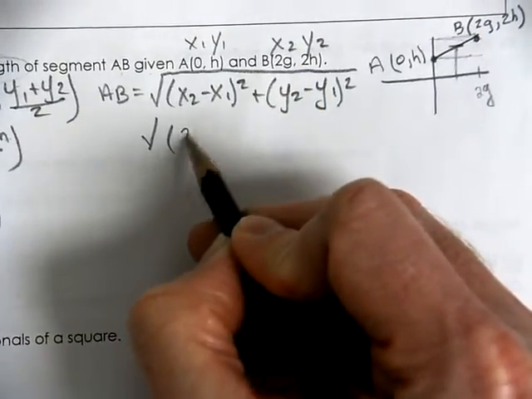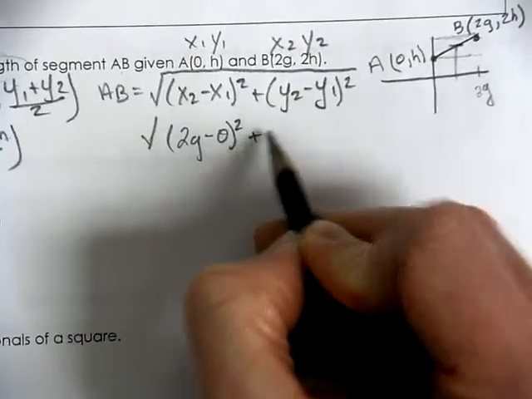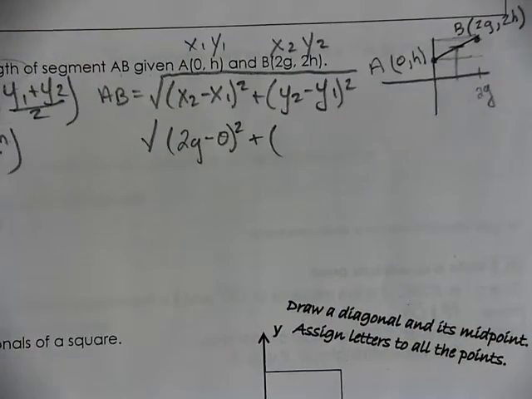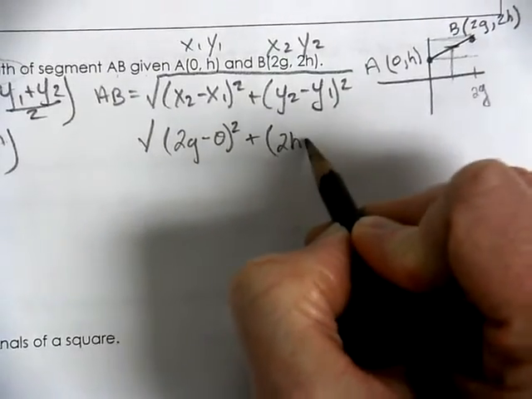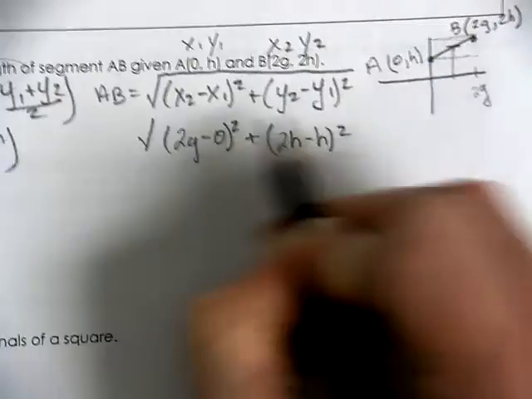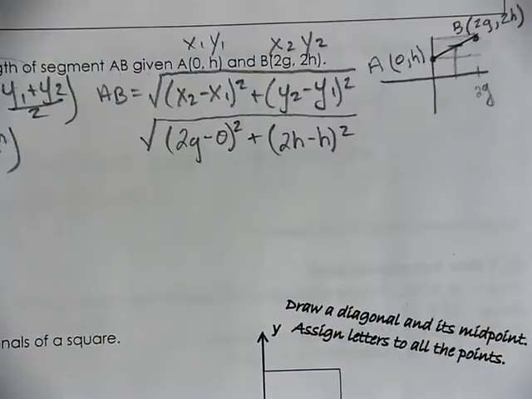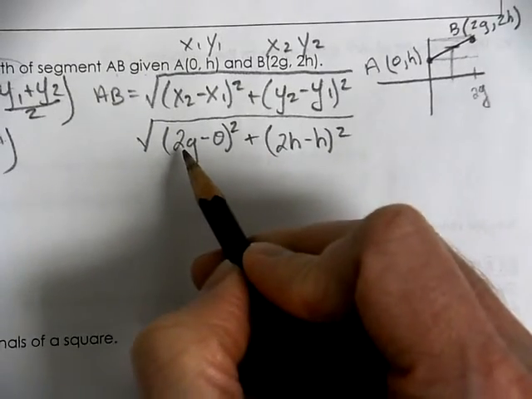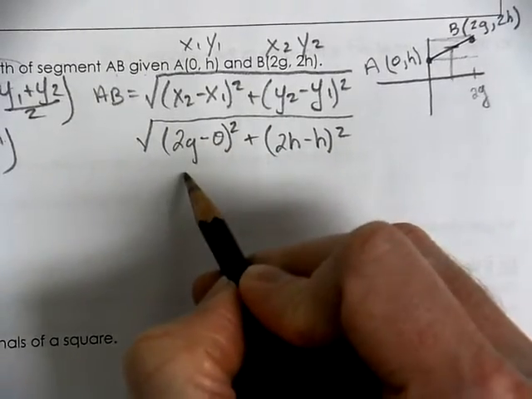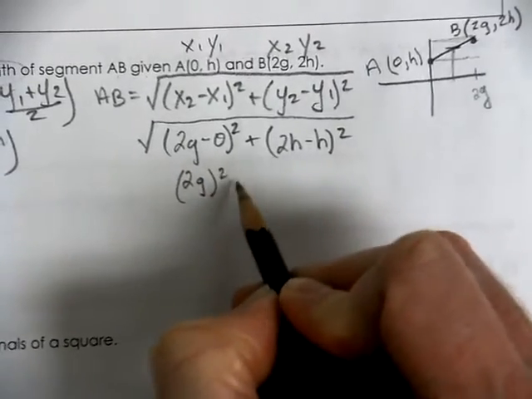We see that as 2g minus 0, and we square that. Then 2h minus h, and we square that. If we have 2g minus nothing, well, that's just 2g. We're squaring that.